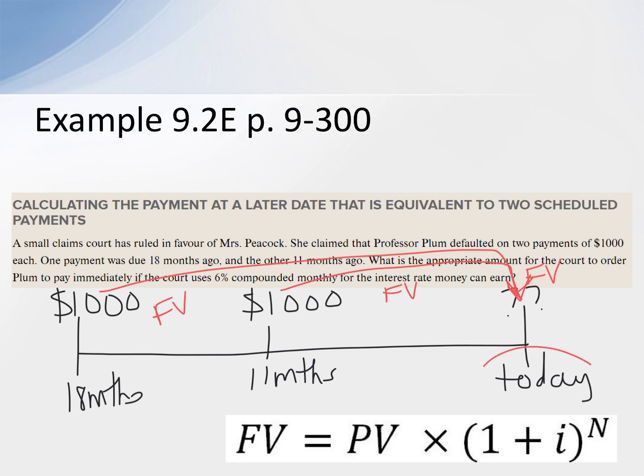At the end here, I would be adding those 2 future value amounts to the total, that one equivalent payment that would be equal to 2 scheduled payments. And the interest paid on this would be 6% compounded monthly for the entire time that we're dealing with, from 18 months and 11 months to today.